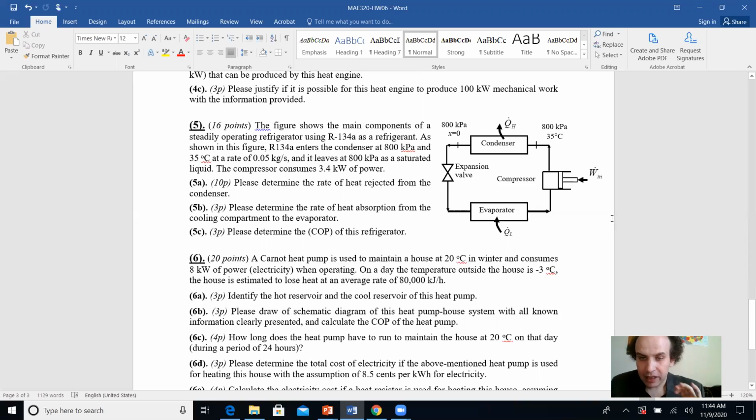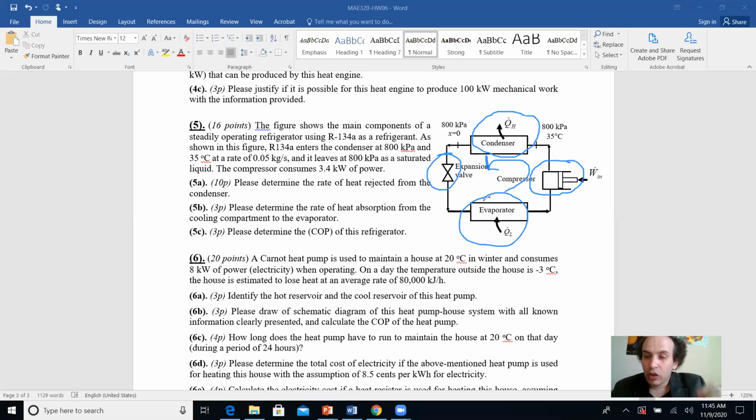So the key point is the following. You should be able to consider this device in a zoom view and in general. So look at this picture. What is a refrigeration cycle? You have evaporator, condenser, compressor, expansion valve, and you go counterclockwise here. Each of these devices is a subject of chapter 5.